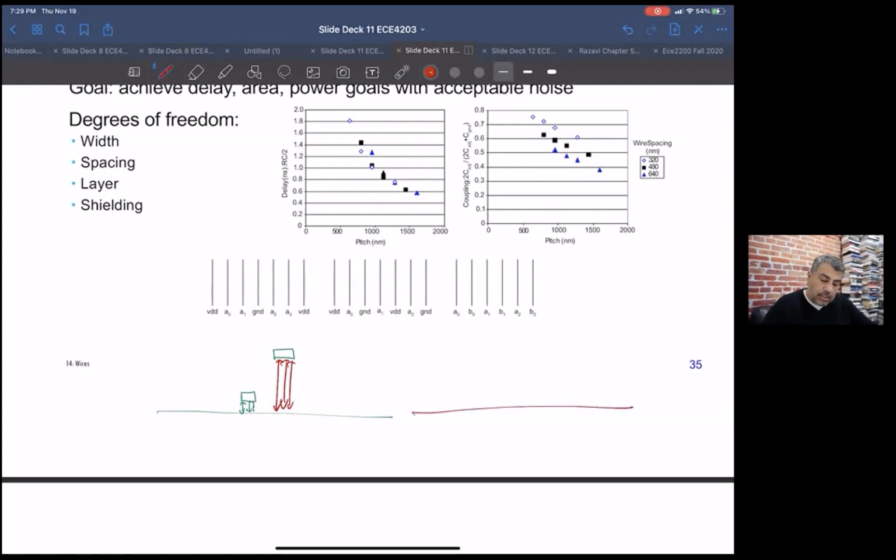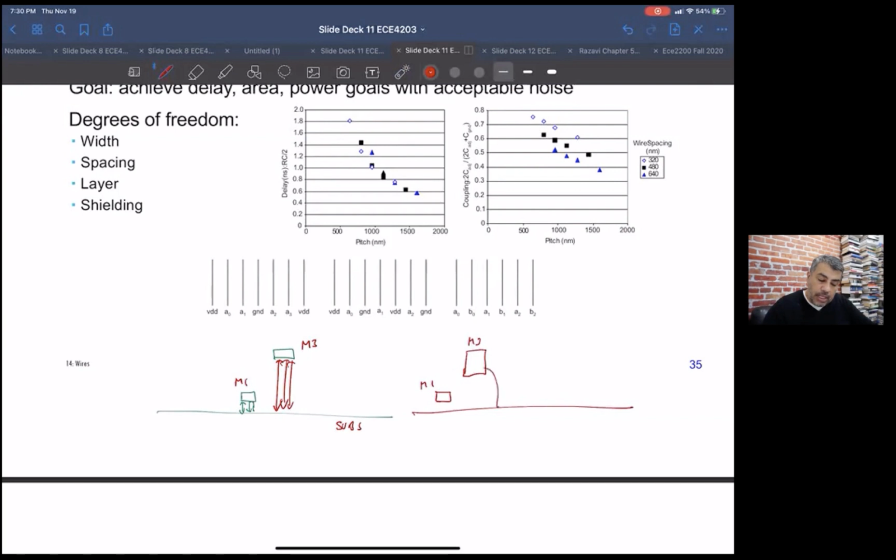It's not guaranteed that, for example, a metal 3, assuming both are not adjacent to any other lines other than the substrate, will have lower capacitance than metal 1, because if metal 1 looks like this, metal 3 may look like this, just the way it's constructed.